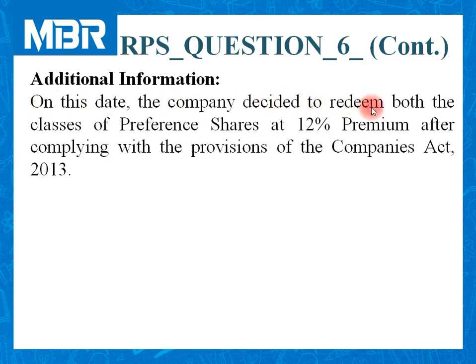In this question, the company has decided to redeem its preference shares, both the classes, at 12% premium, say redemption premium, after complying with the provisions of the Companies Act 2013.